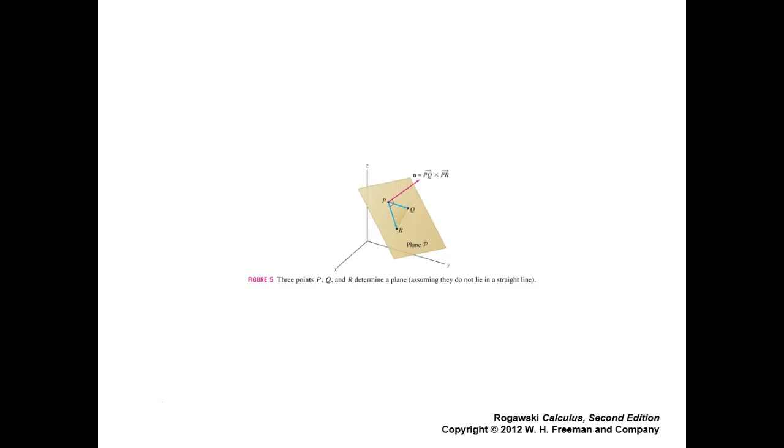That defines a plane, any plane. The next example shows how to find the equation of that plane. If you remember, back when we were in a plane trying to find equations for a line, 2 points could give you an equation for a line.